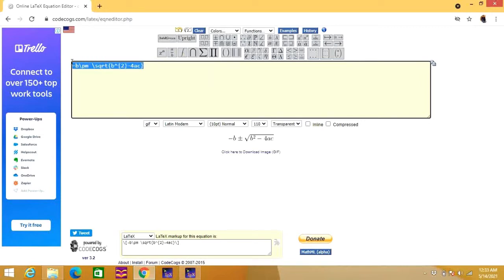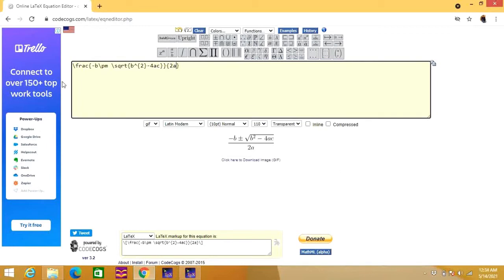So just cut this and take this fraction, and put the terms which are coming at the numerator, that we have already generated in this bracket. So it is coming at the numerator, and in the denominator we need to put 2a.